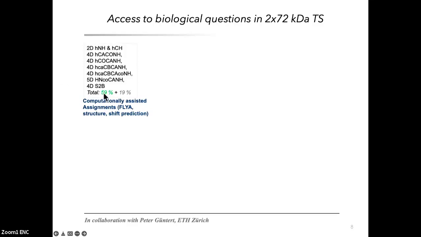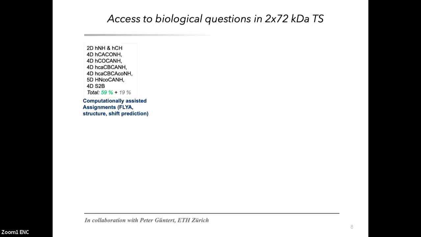We got to roughly 60% of the assignments containing H, N, Ca, Cb, and Co that we are fully confident with, and another 90% of the residues where we have part of this group of shifts that we are confident with.